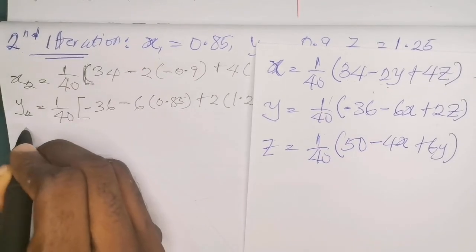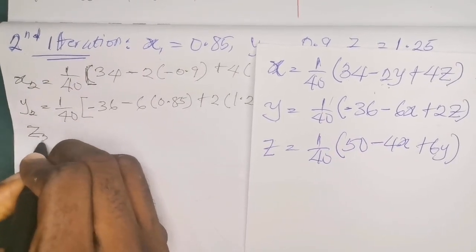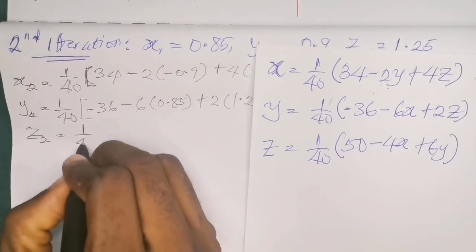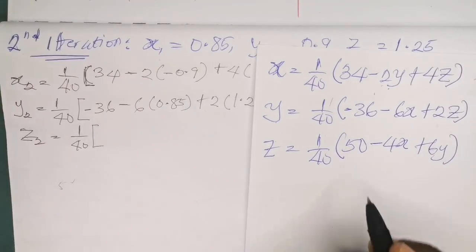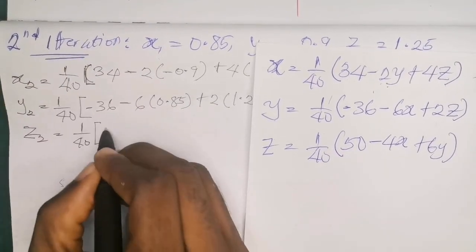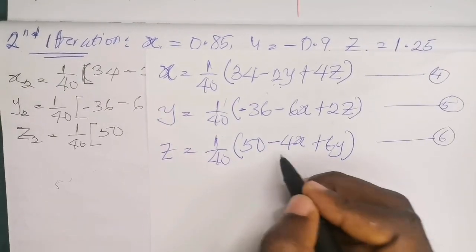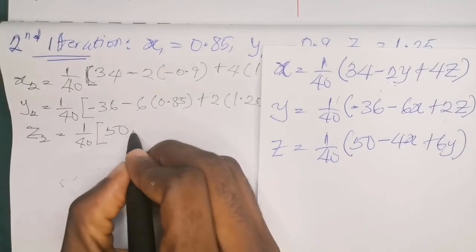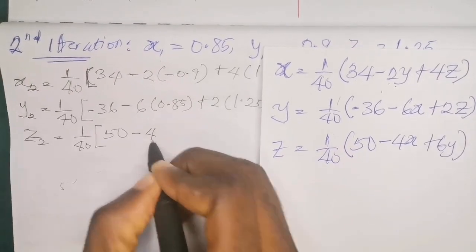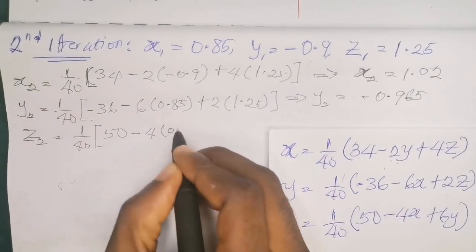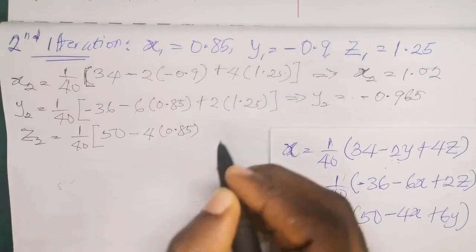So we find the second iteration for z, which is z2. This is going to be equal to, once again, 1 all over 40. So 1 divided by 40, now multiply by, I have 50 here, multiply by 50. Now I have minus 4x. So you have minus 4x, that becomes x1, and x1 is 0.85. So minus 4 times 0.85.